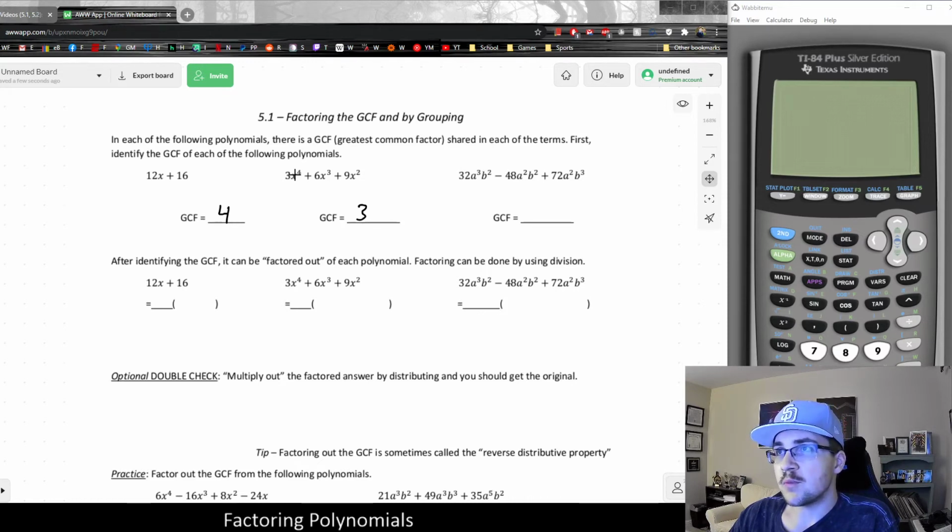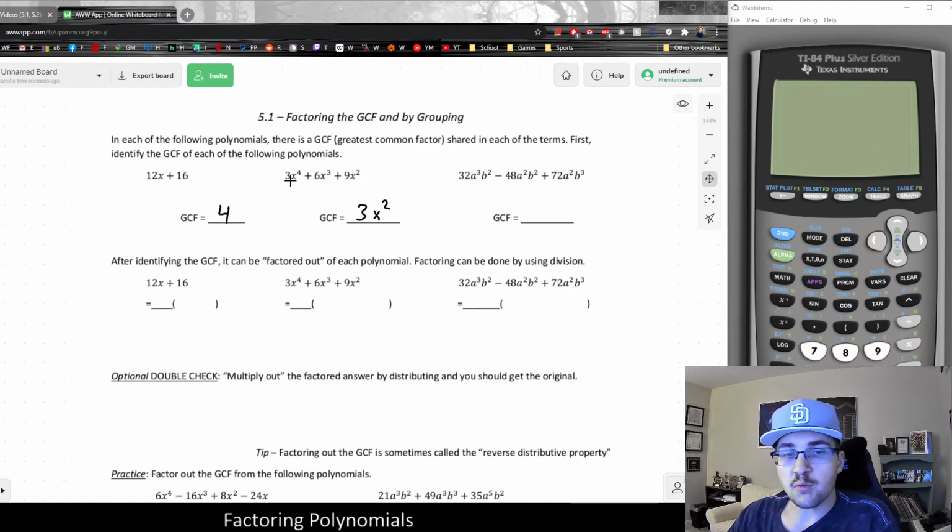So in the first term, we've got 4 x's, second term we've got 3 x's, and the third term we have 2 x's. And between all of those, they definitely have a common factor of x. And in this case, they each have at least 2 x's. So our common factor of the variable component would be x squared.